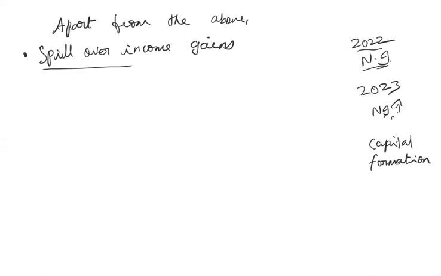So the spillover income gains to the present and future generations.